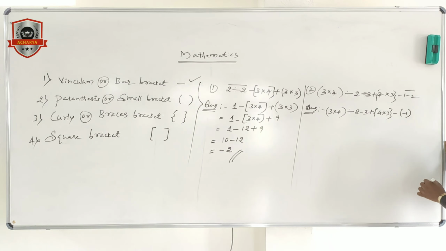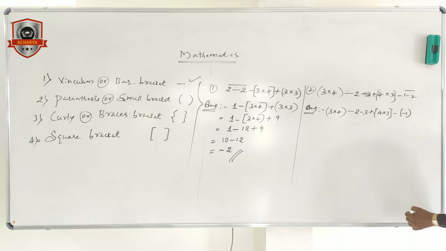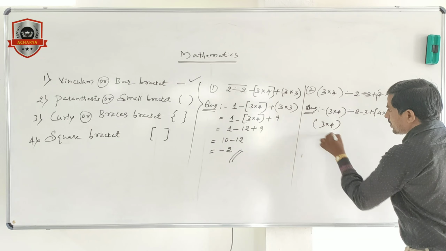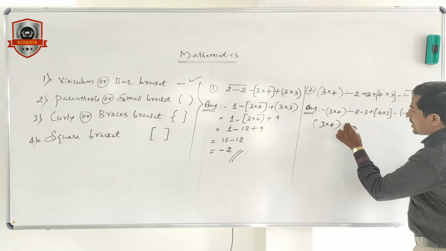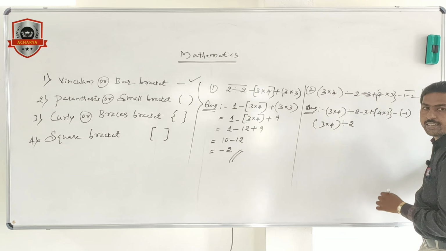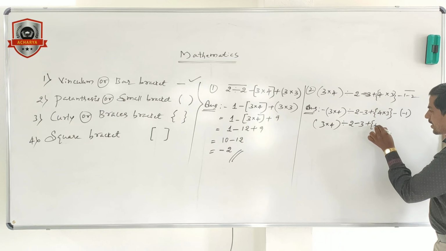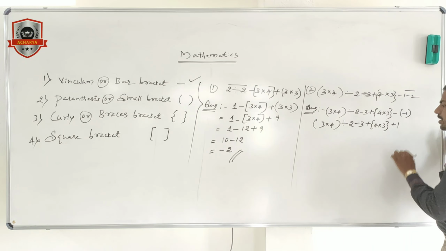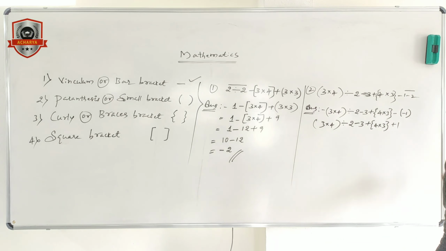Minus 1 minus 2 is minus 3, and minus into minus is plus 1. Minus 1 okay, 1 minus 2 is minus 1. So 3 into 4 as it is, divided by 2 as it is, minus 3 plus in bracket 4 into 3, as it is, minus into minus plus 1.